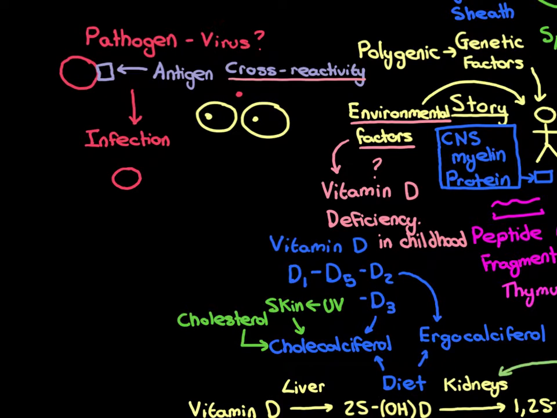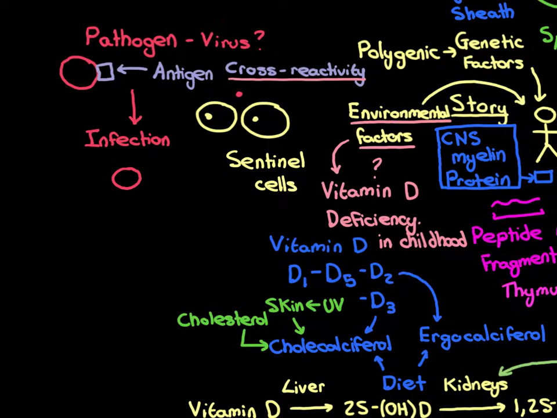Well, the answer is that there are special cells in every tissue of your body that are standing guard looking for pathogens. And these cells are known as sentinel cells. So sentinel cells refers to guard cells. So they stand on guard looking for pathogens.